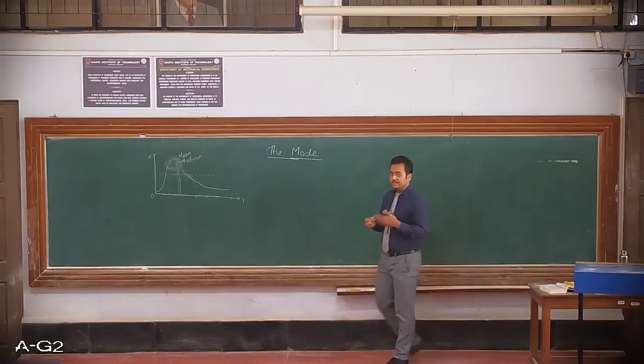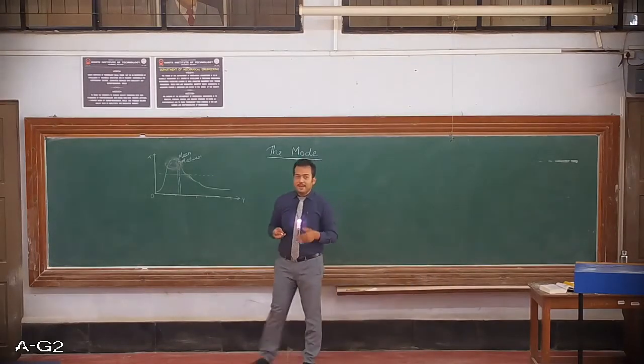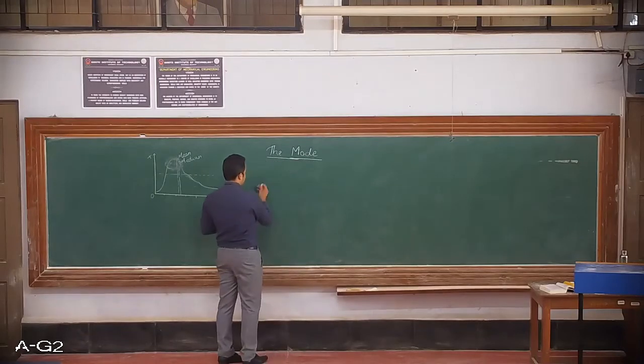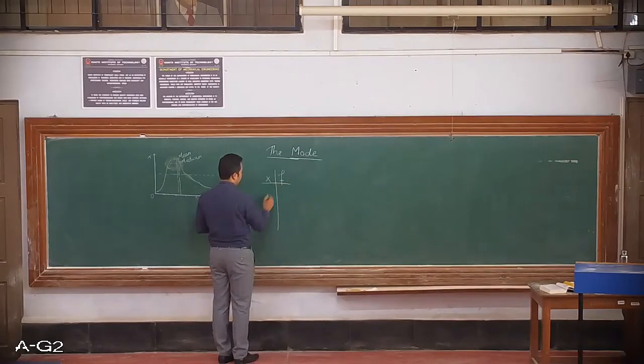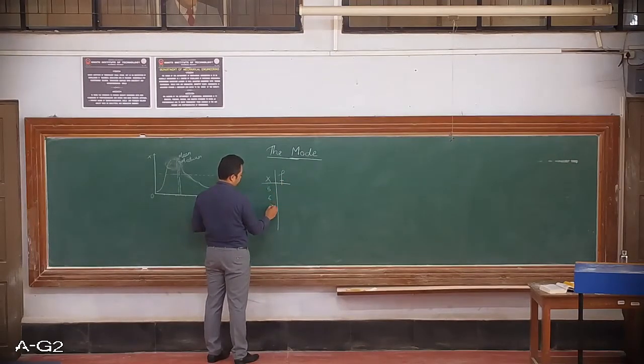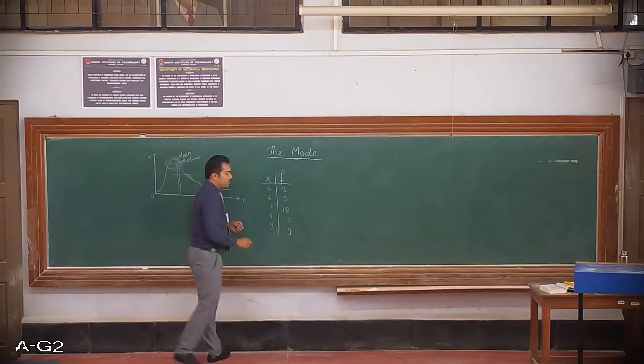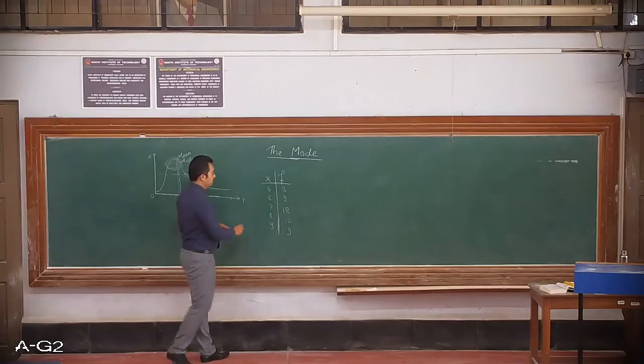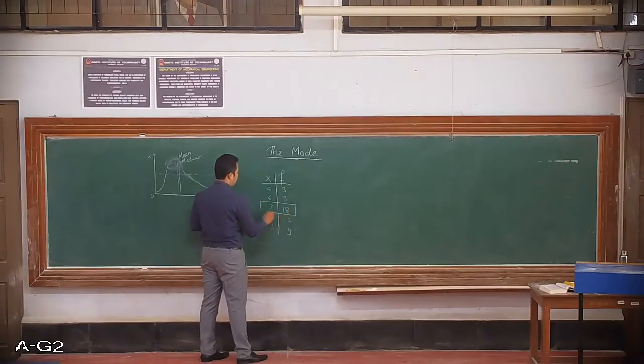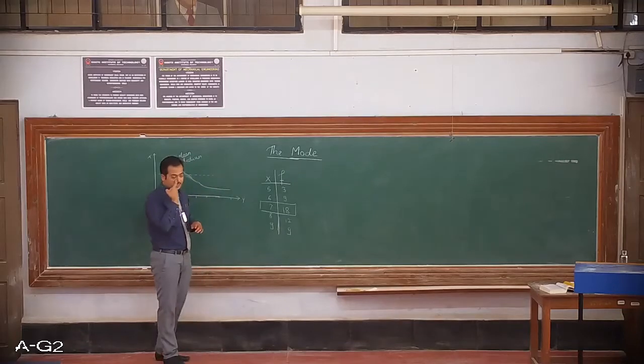So now, as the definition tells, it is the value with the maximum frequency. Suppose the given data is this way, and with their frequencies, now in this case it is very clear that 7 would be the mode of this entire class.